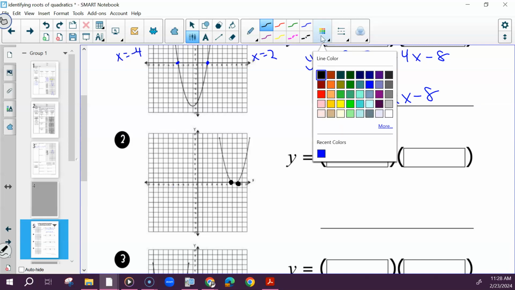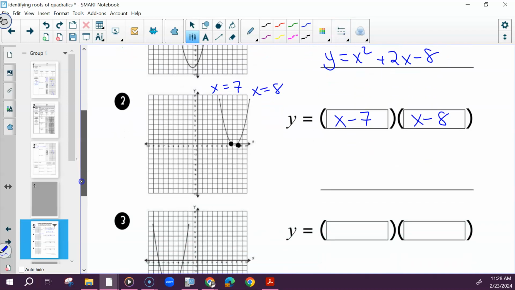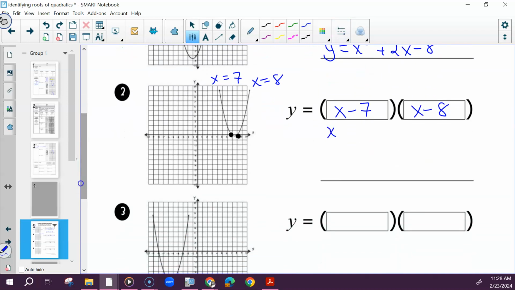So then if those are both positive, how would we write that in this format? X minus 7, x minus 8. Then we can go ahead and distribute to get the actual standard form. X squared minus 8x minus 7x plus 56.